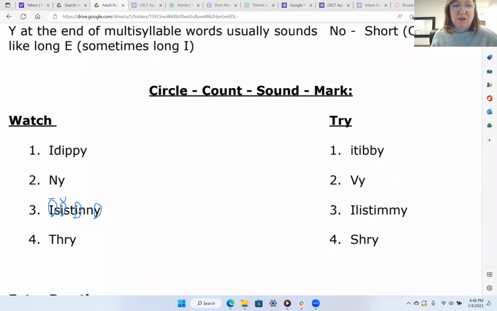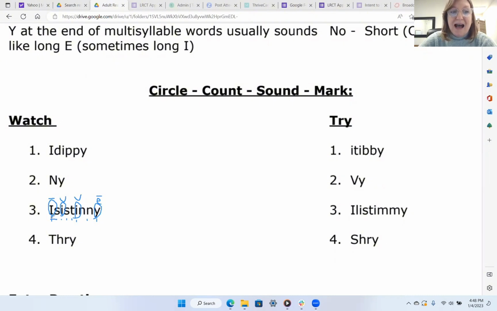Tap 2. 1, 2. No vowel, no name. Y at the end of a longer word usually says E. So when we pencil read it, it's I, S, I, S, T, I, N, E. It's kind of a doozy, so I'm going to go slow. I'm going to take it letter by letter.